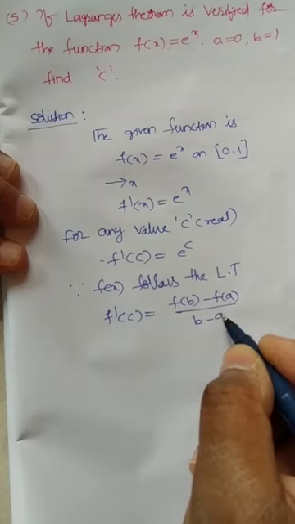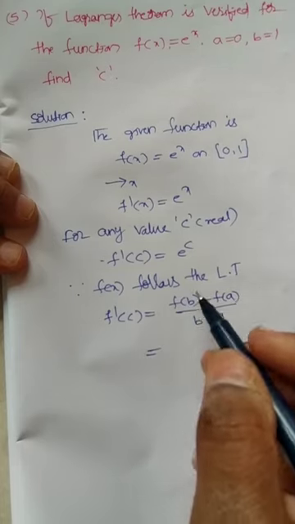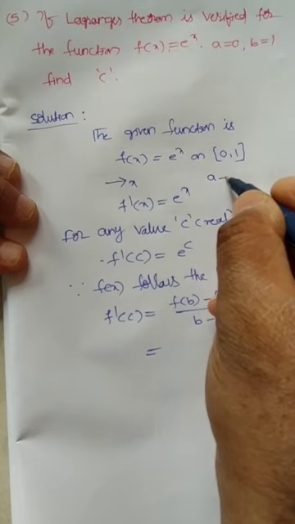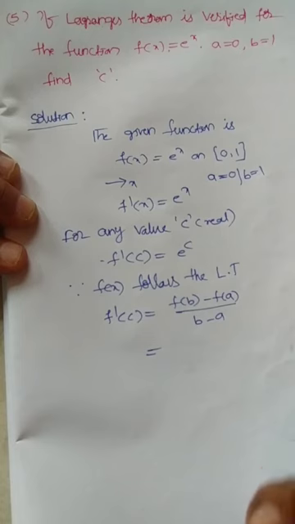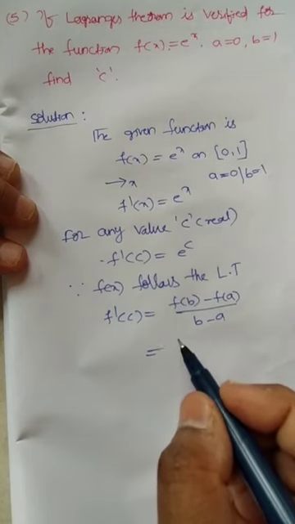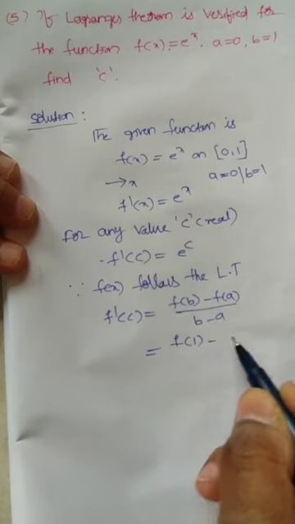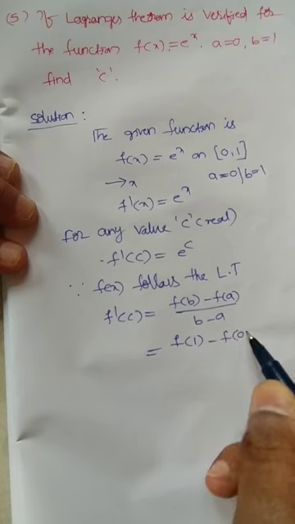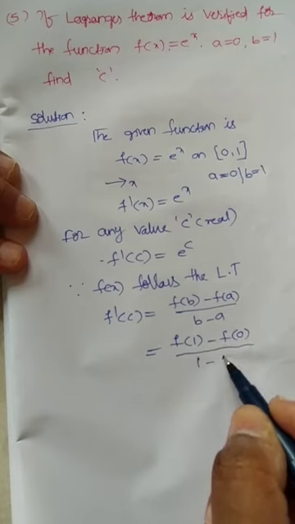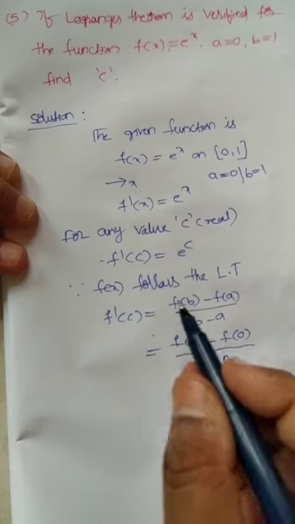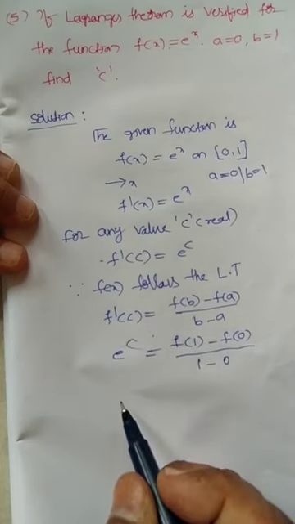That is equal to, what is our a here? 0. And what is our b here? 1. Okay, so now f of b means f of 1, minus f of a means f of 0, by b minus a means 1 minus 0. So what is our f dash of c? E power c. So e power c is equal to f of 1.